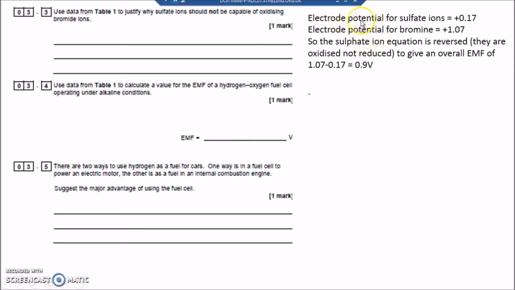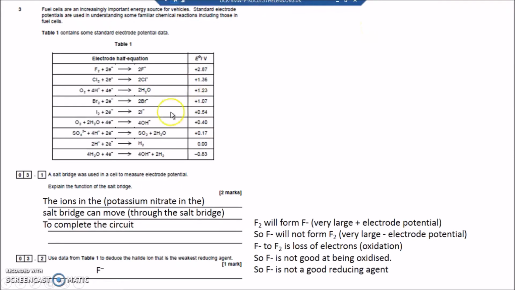So the electropotential for sulfate ions is plus 0.17. The electropotential for bromide is minus 1.07 when reversed. So the sulfate ion would be reversed, and it would give a plus value of 0.9. That's actually what's going to happen. The sulfate ions would go this way to give minus 0.17, and the bromide ions would give plus 1.07.